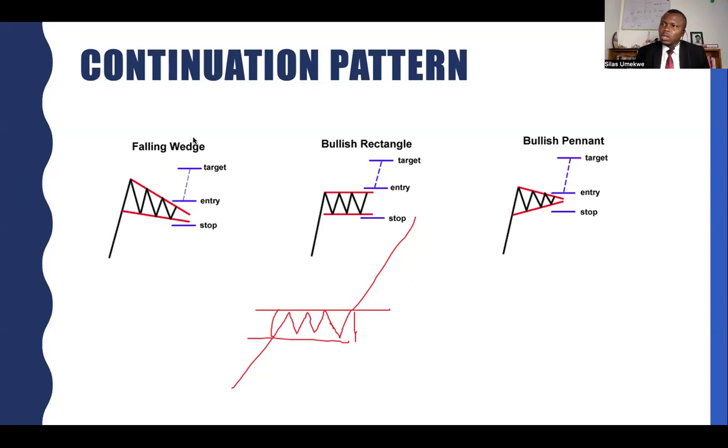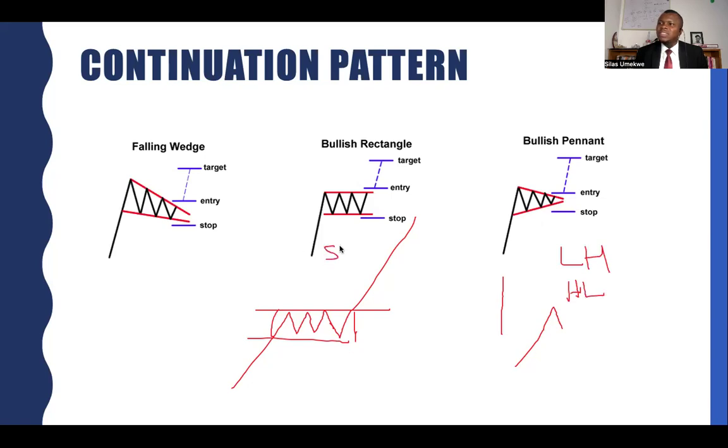Now, this is becoming longer than I thought. Okay, so a pennant is when the market is rising, then all of a sudden, it's now printing, please take note, you will notice the difference between a falling wedge and a pennant. The market is printing lower highs, but higher lows.